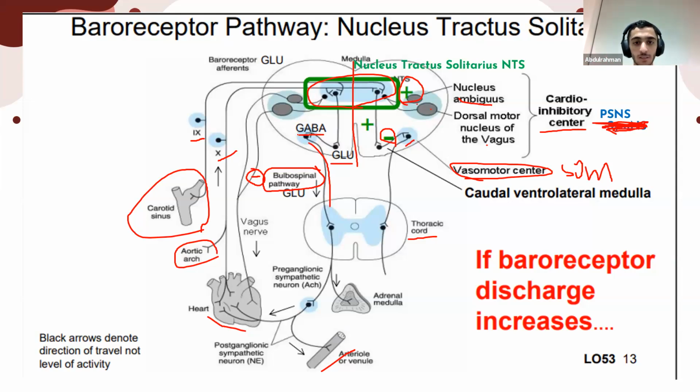GABA is inhibitory, glutamate is excitatory or activates. So here you can see a GLU at first because we activate this interneuron, and then there is GABA to inhibit the final pathway. So finally we're just inhibiting it by GABA. I just didn't want to explain it at first so that it's not extra details, and you're most likely not going to get asked about it, but just in case you see it in the slides and you get confused about it.